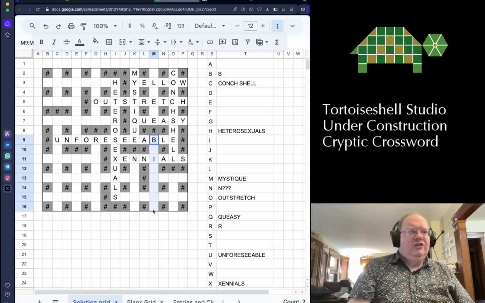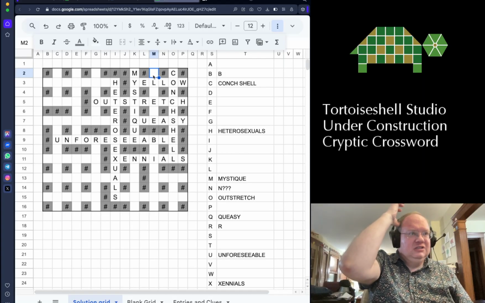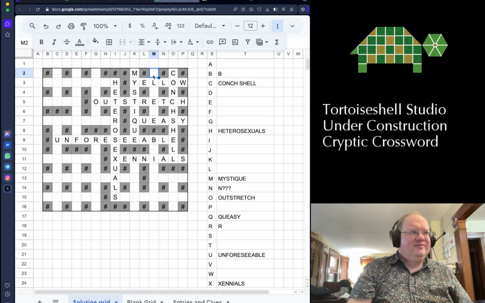The B will determine another starting letter here. So we said that this could be A or F or S here. All of those are still open. We do need something to end in F here.